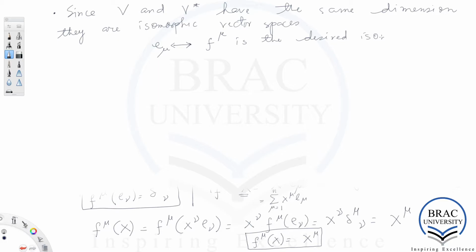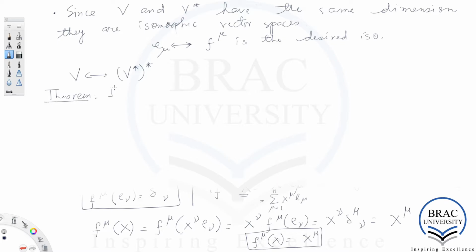Well, this isomorphism is actually basis dependent. Contrary to this isomorphism, there is a more natural isomorphism between V and V star star, the dual of the dual vector space. Okay, what is that? We have a theorem here, which I just state without proving it.